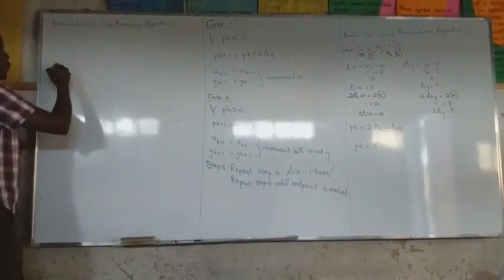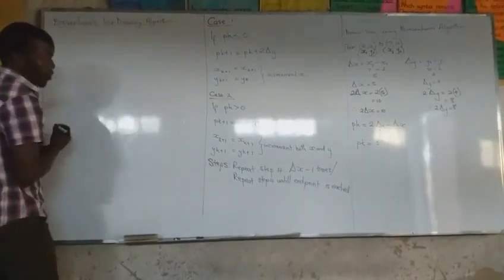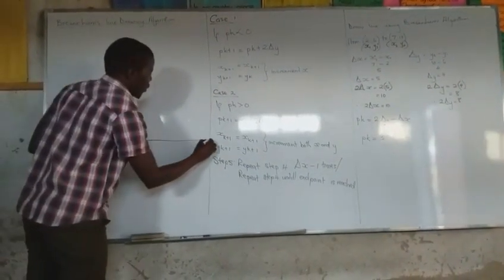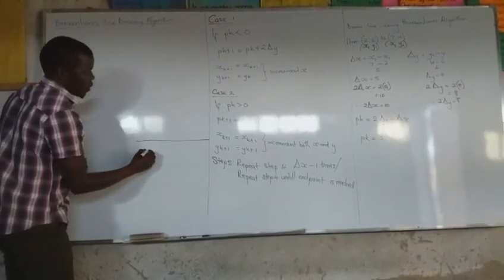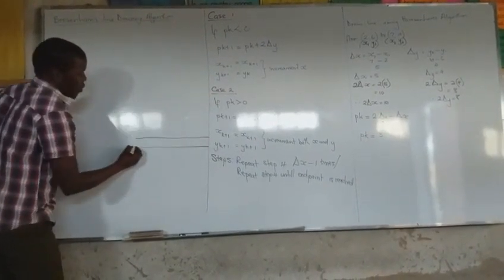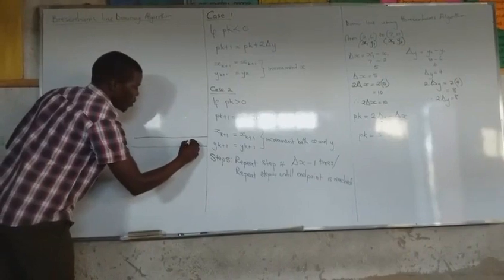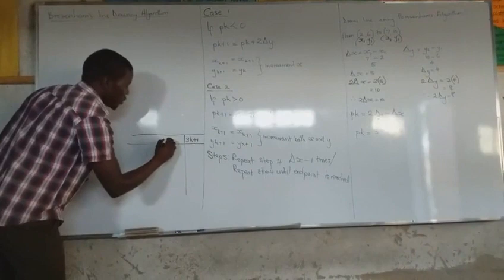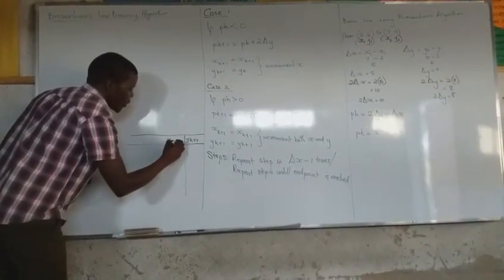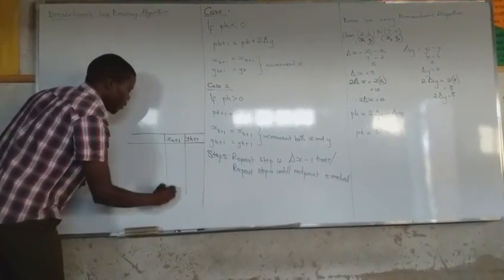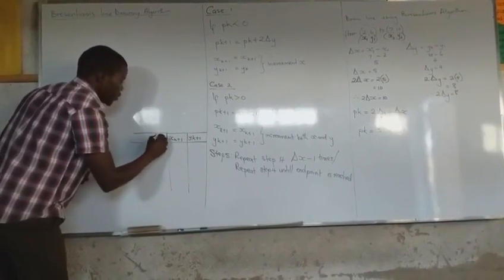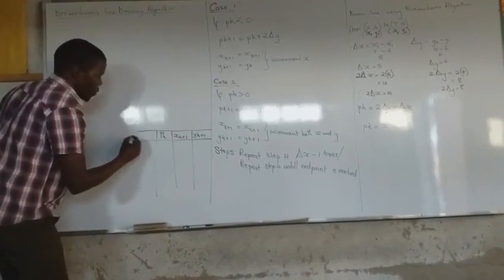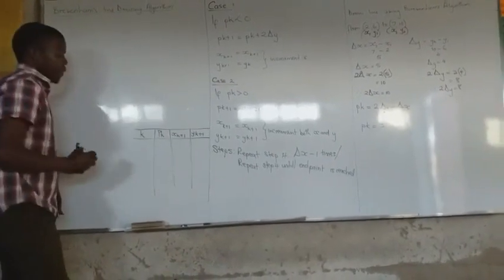So let's have a table here where we update our values. This is yk plus 1. This is xk plus 1. This is the decision parameter, and this is the step or the point k.